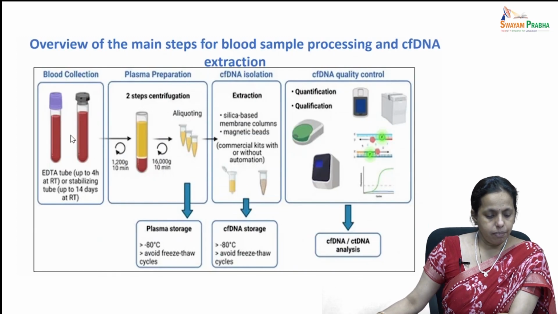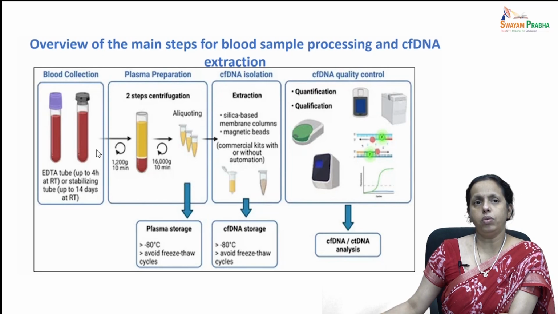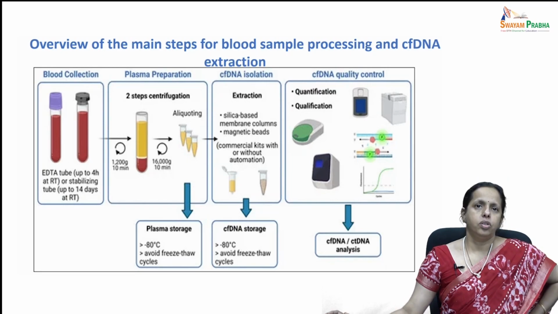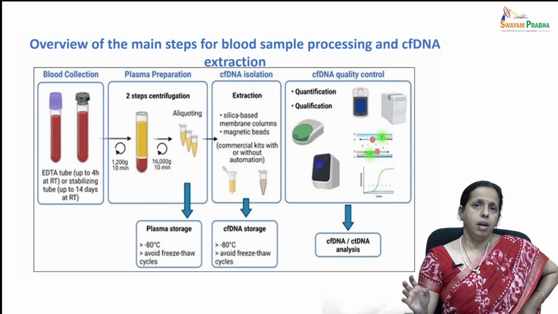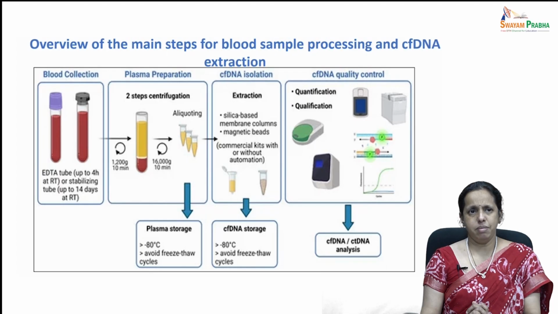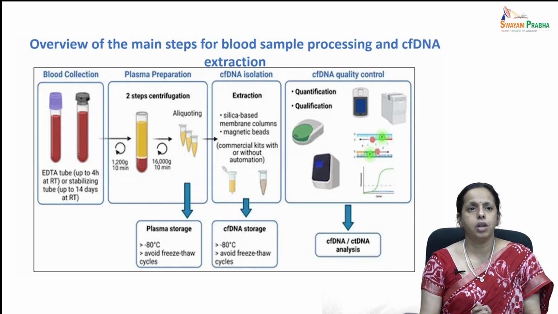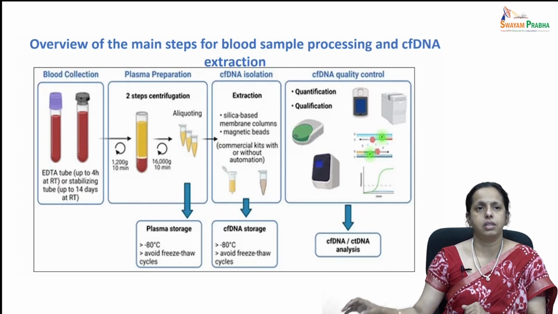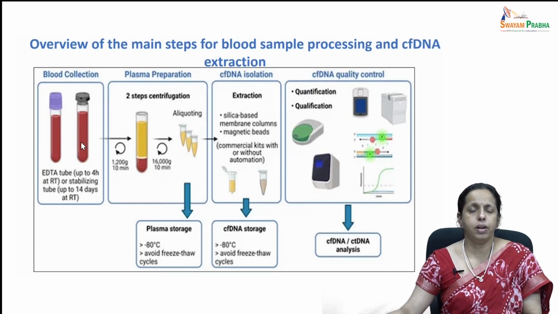So now what are the main samples, and how do you get your samples? What are the main steps for blood sample processing and cell-free DNA extraction? First, as I mentioned, you need EDTA tubes, or any of these stabilizing tubes, which are company specific.